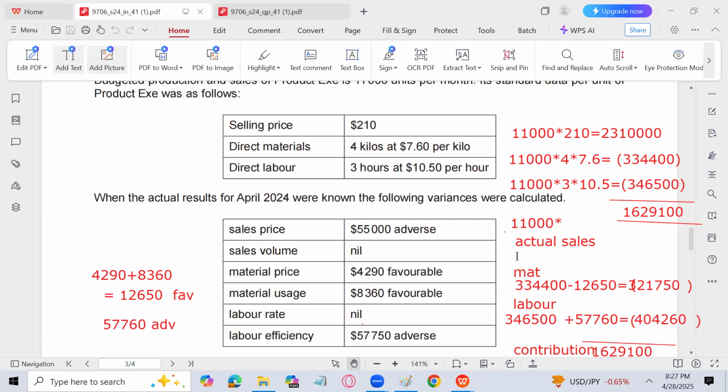So how much is going to be the actual sales? 2355110. Yeah.